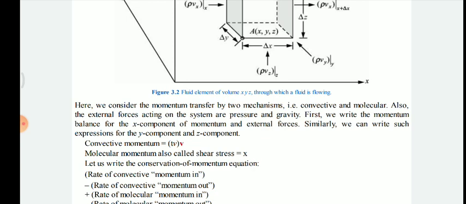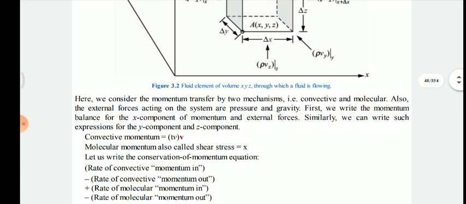Some of the external forces acting on a body or system are pressure and gravity.